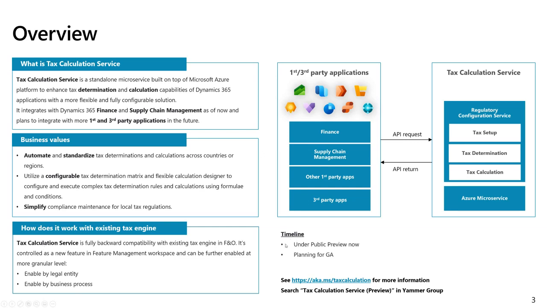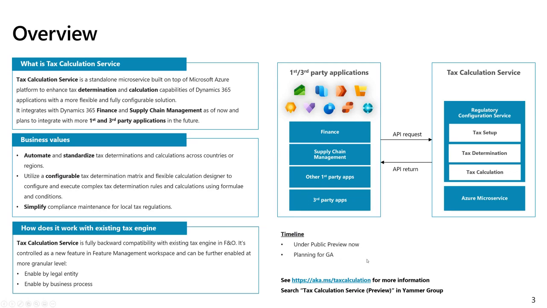About the timeline, tax calculation service is under public preview now. You can visit this vanity URL, aka.ms/taxcalculation, for more information. We have the process for how to join the public preview in the document there, and you can contact us if you have interest. We are planning for GA of tax calculation service in 2021 wave 2.